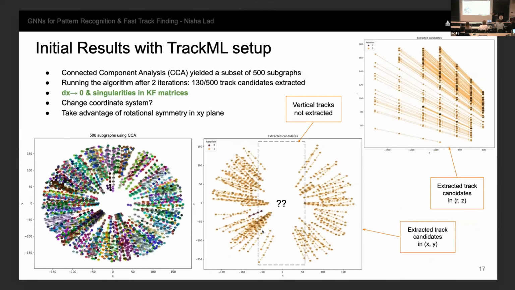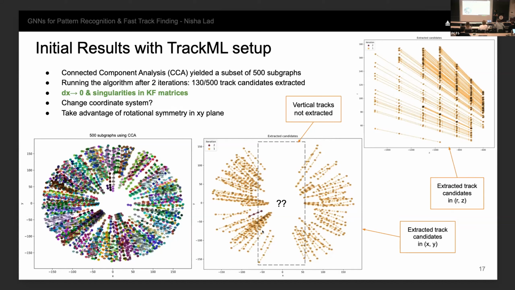So these were the initial results with the TrackML setup on the endcap. This was a very naive implementation of the GNN algorithm that was built for the toy model, applied directly to the TrackML setup. Here you can see the CCA applied to the TrackML setup, and it formed a set of 500 subgraphs that were more manageable than one connected network.